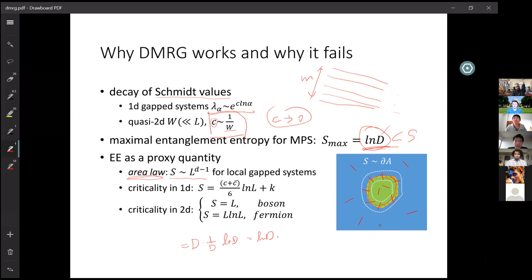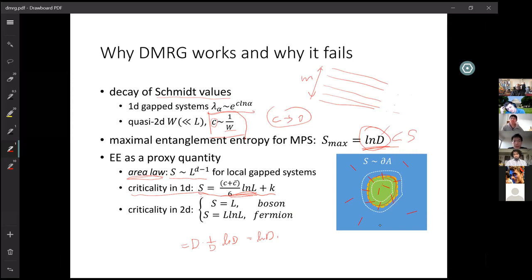Okay, got it. Also, in 1D, if you look at the critical case, the entanglement entropy is scaling very slowly with L, right? So usually we still believe this is treatable by DMRG.